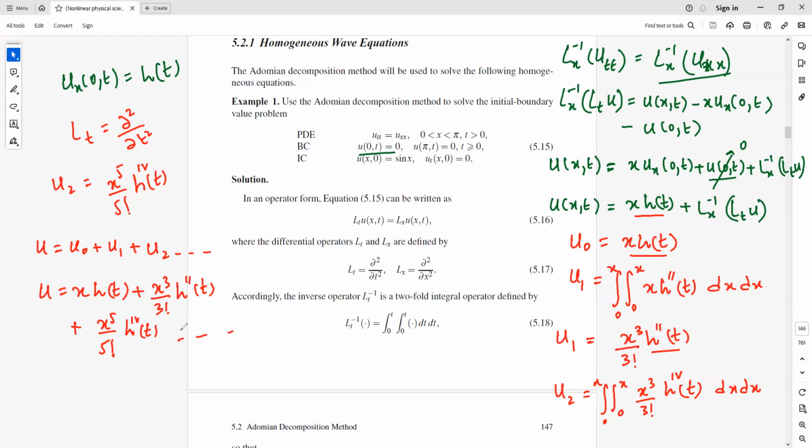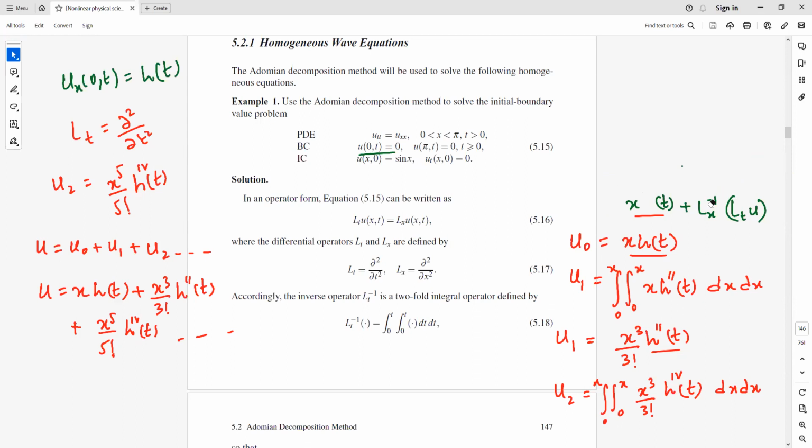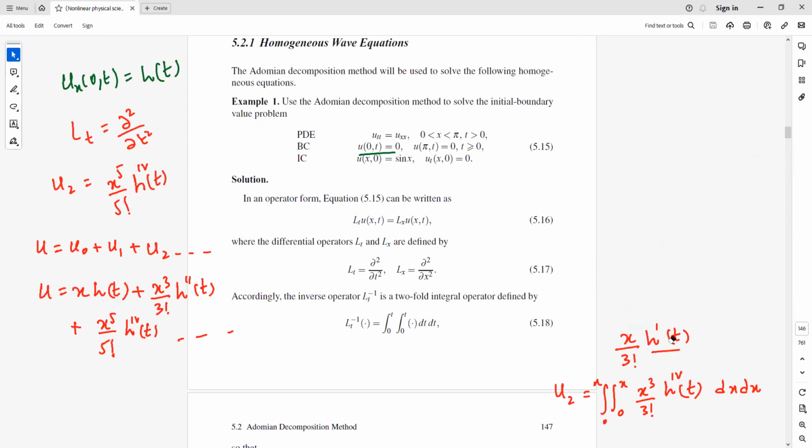Now this h(t) is unknown in the problem, therefore we need to find this h(t), and we will use the initial conditions in this regard. Let's use initial conditions to find what h(t) actually is.